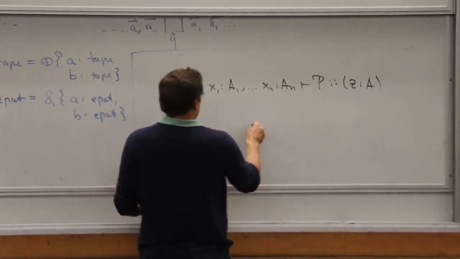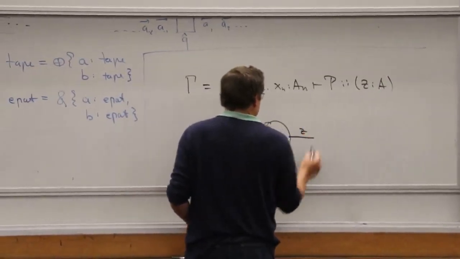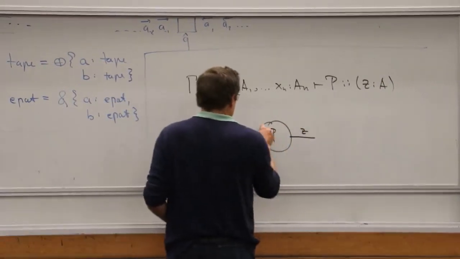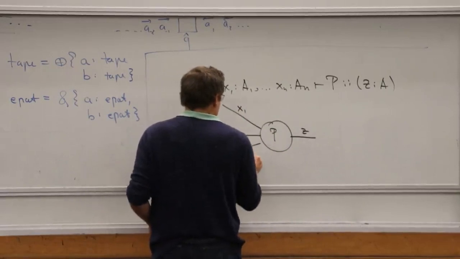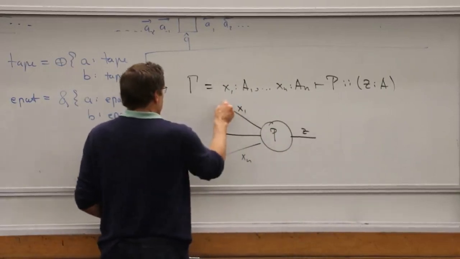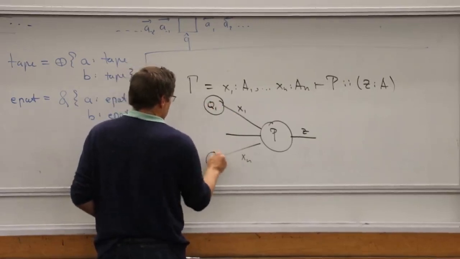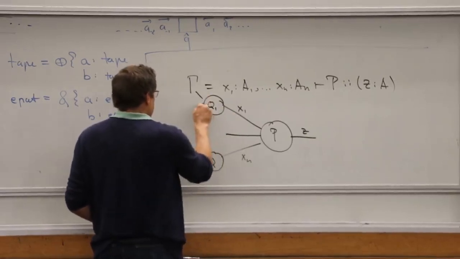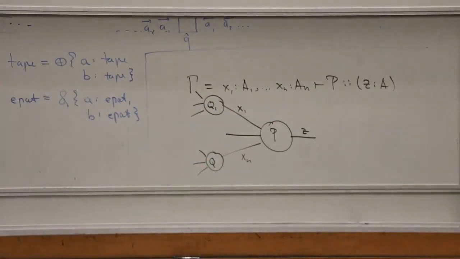The picture you should have in mind is that there's P here, and it provides z to the outside world, which has type A, and it uses x1 through xn over here. And these again are provided by some processes Q1 through Qn, and they may use other channels. And eventually it bottoms out.